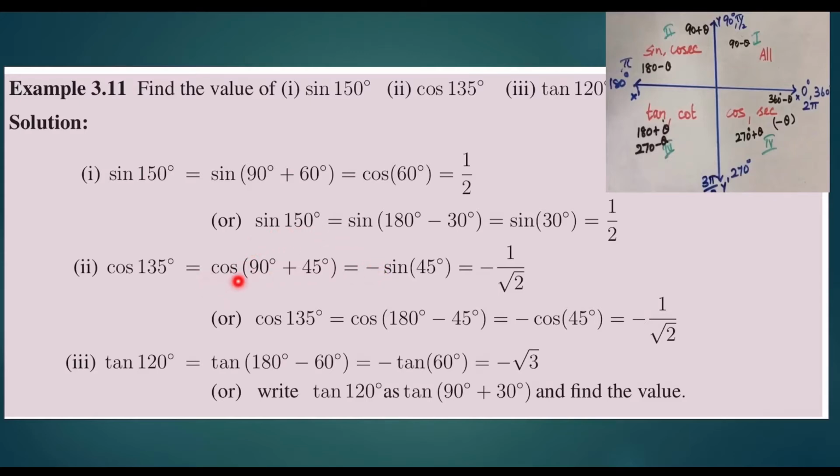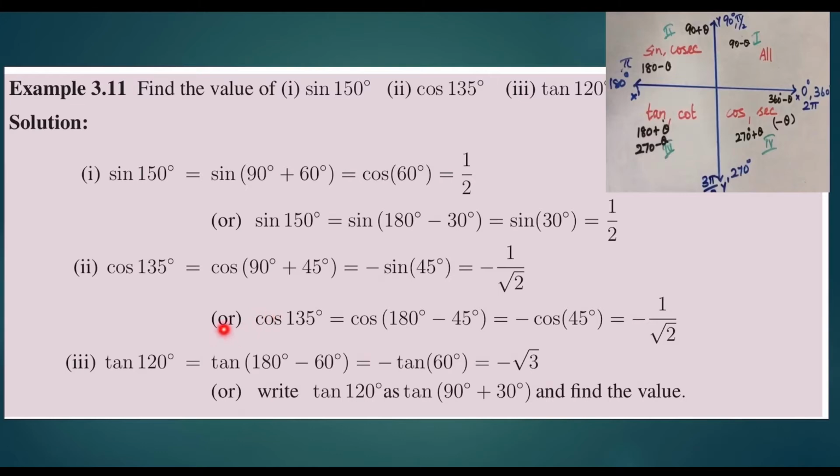So, cos changes as sin. So, it is sin 45, but as cos is negative in the second quadrant, you have to write it as minus sin 45. Why does minus come? Second quadrant la cos is negative. So, minus sin 45 is equal to minus 1 by root 2. Because of 90 there is change in trigonometric ratio, and as cos is negative in the second quadrant, there is minus.